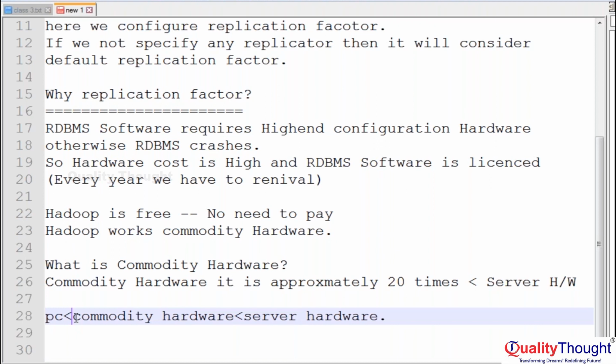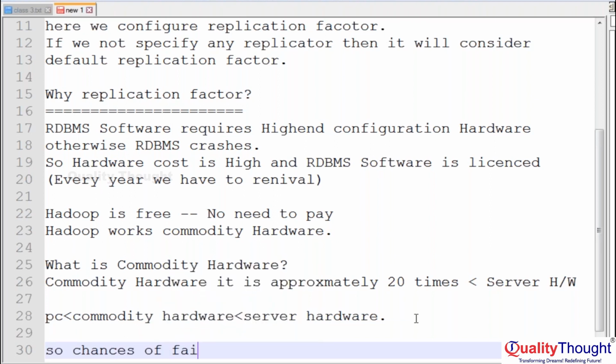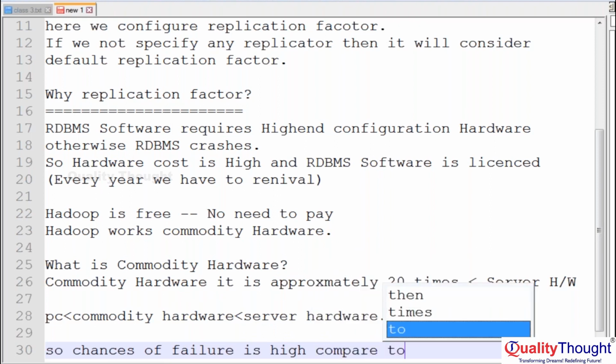Low cost, so chances of failure are high compared to server hardware.